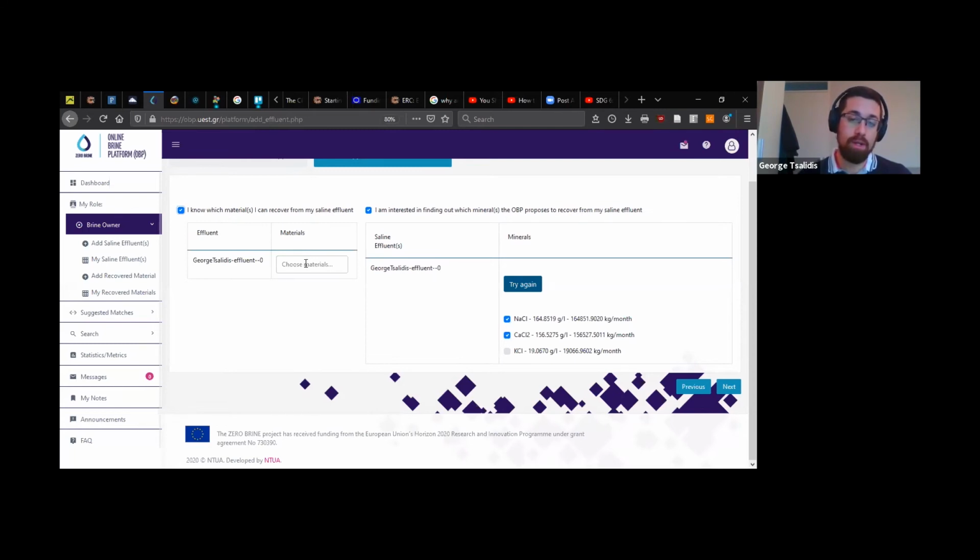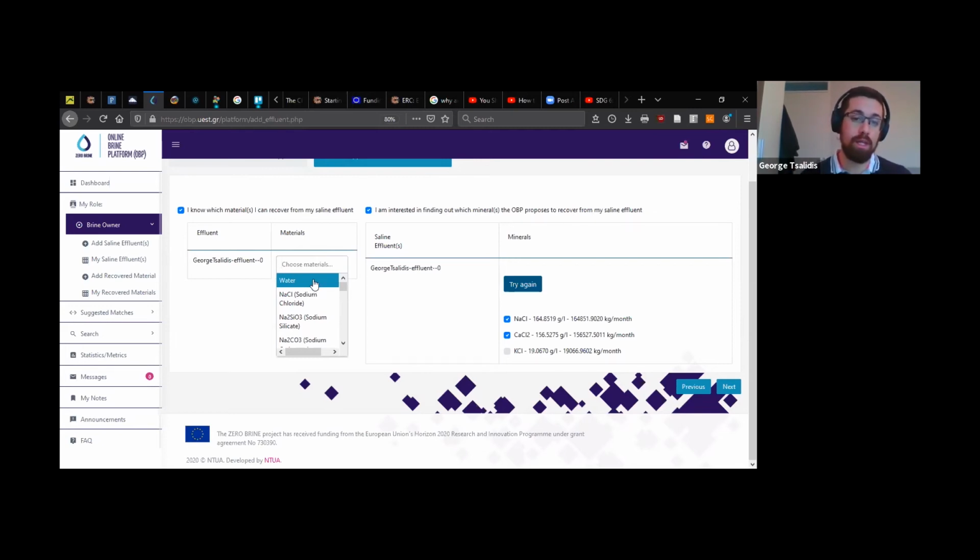And if I click here on the materials, there is going to be a drop-down list with all the materials that exist in the platform, and it is a lot. A lot of them is mentioned. The only thing that I have found that is not mentioned, if I go to the second option, is the water.